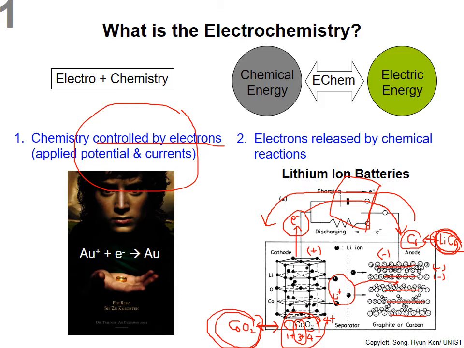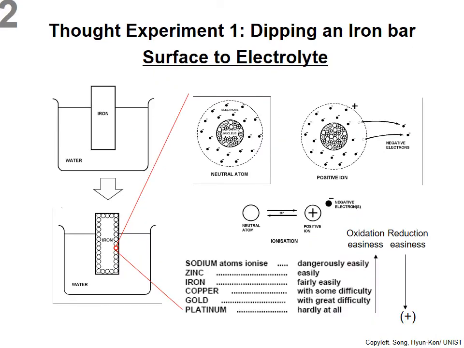So then you could get some electricity by using the chemical change of this one and this one. So this is the example of the second definition of electrochemistry. Again, the second definition of electrochemistry is electrons released by chemical reactions, or electricity generated by chemical changes. So those are two different definitions. You have just learned the definition of electrochemistry.